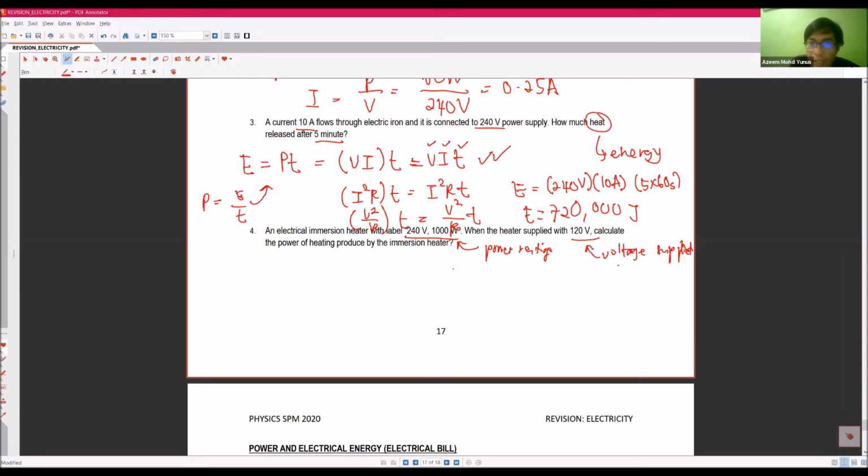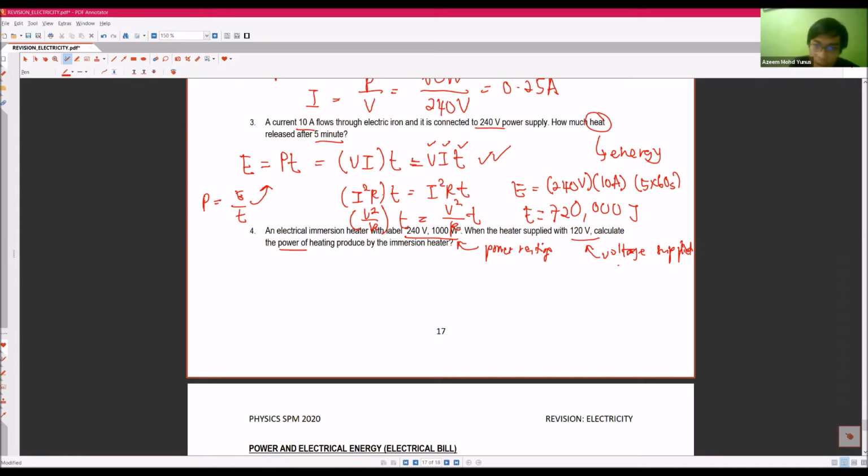So we have to take that into account when we want to calculate the power of heating produced by the bulb. You can use the ratio formula here, but you can also use logical reasoning. But if you want to make it more official, we can use what we call the ratio formula.